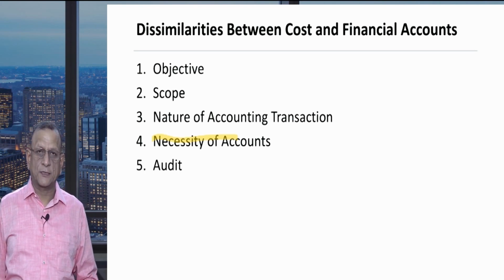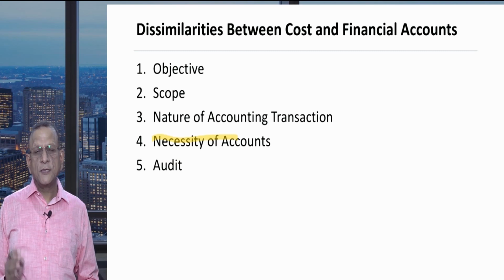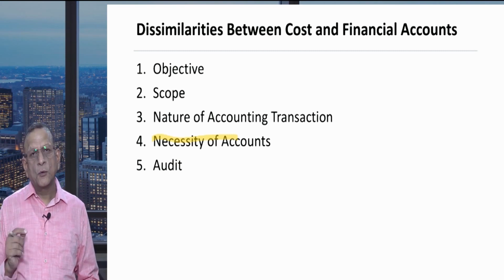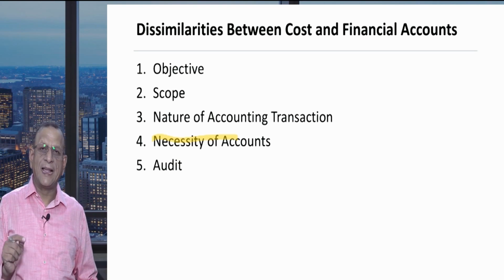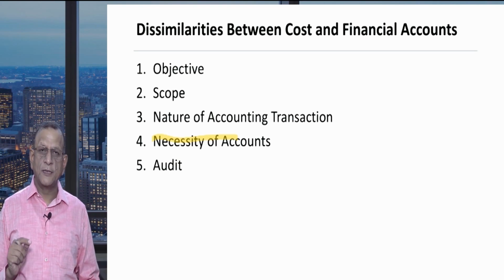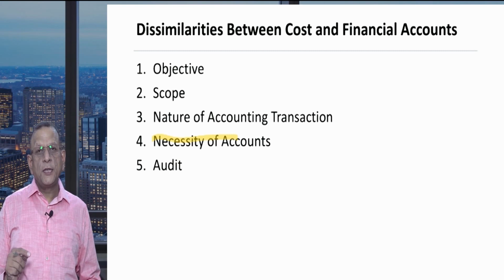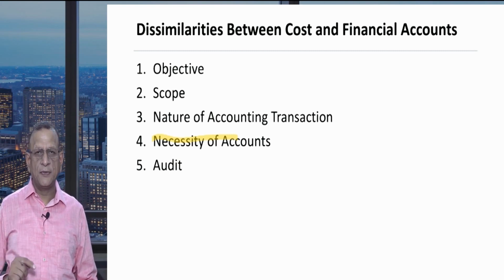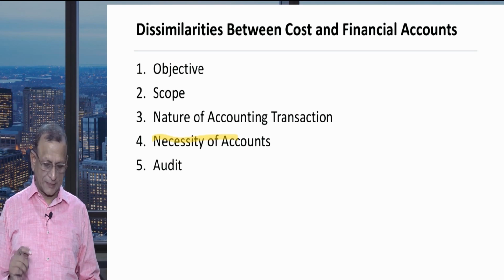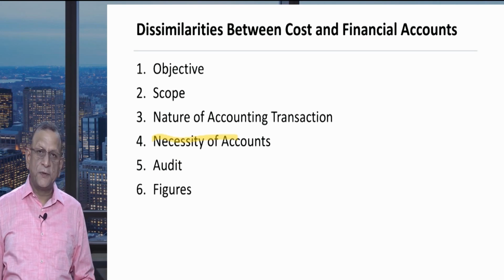Then the next is audit. In the case of financial accounts, we are supposed to go for the audit as per the Income Tax Act. But in the case of cost, only the Companies Act 2013 defines the necessity of audit. Next is figures.